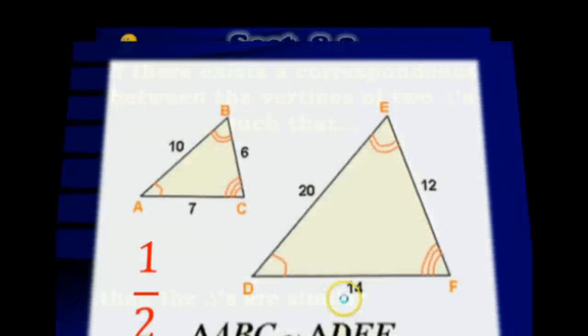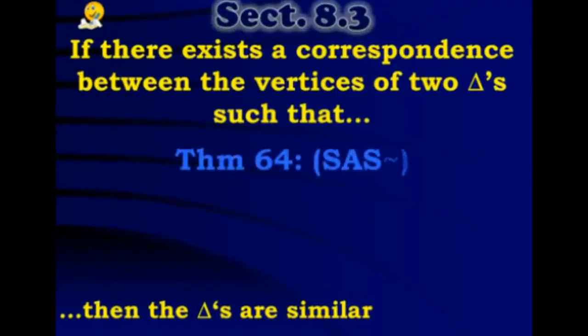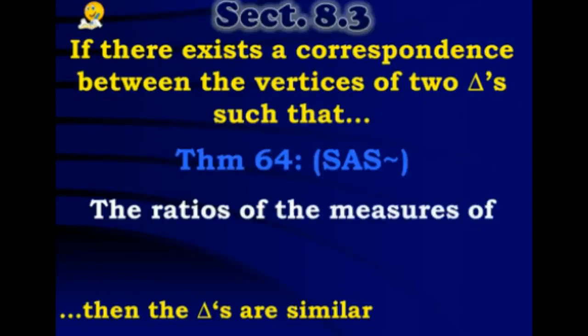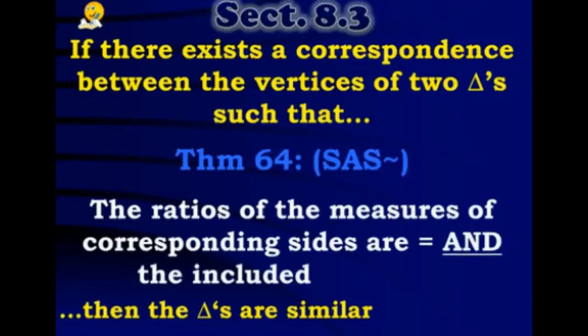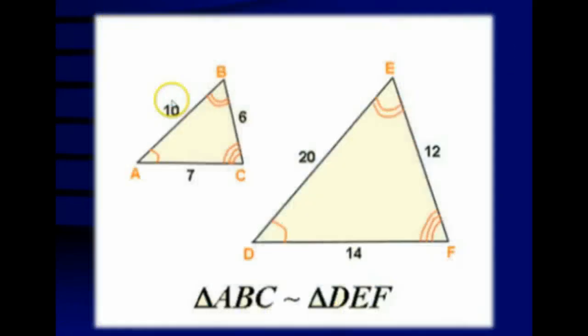There is one more. It looks like this. It is Theorem 64, the SAS squiggy theorem. And this one says, if you can take the ratios of the measures of their corresponding sides and show they're equal, just like we did, but then also show an included angle congruent, then that makes those triangles similar as well. So the picture looks like this.